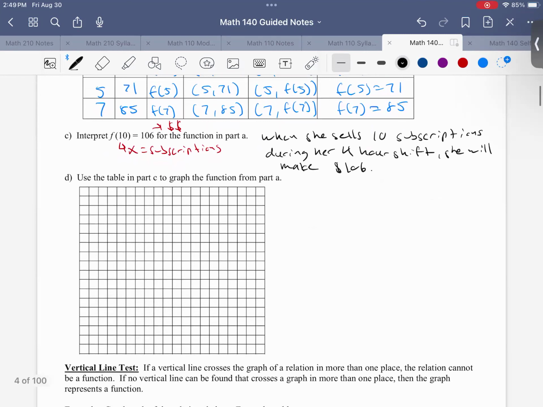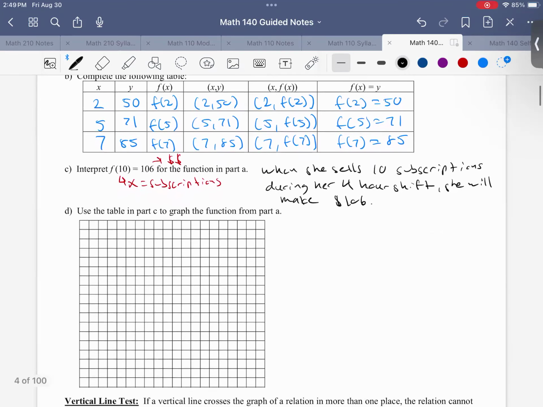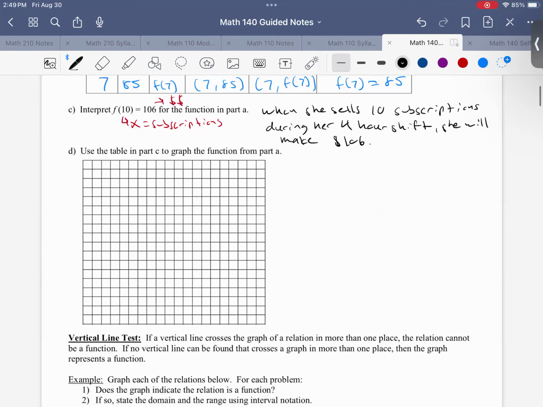So lastly, it says use the table in part C to graph the function from part A. I think we'll skip this part. I think you know how to graph it, so give it a shot. One thing you want to do first is probably figure out what f of 0 is.